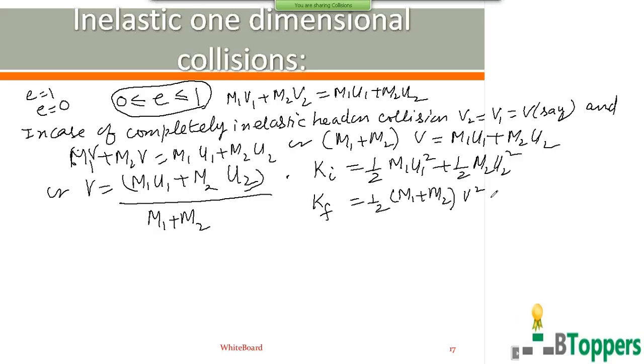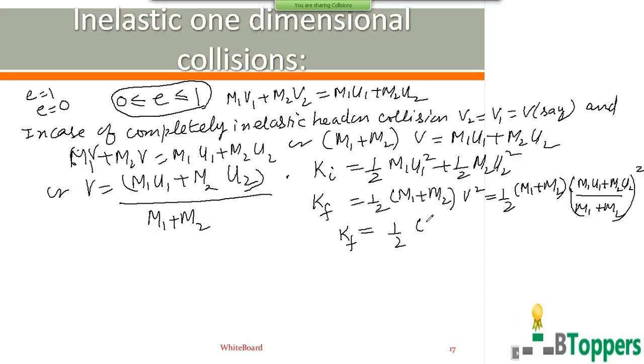We can write v equal to m1 u1 plus m2 u2 by m1 plus m2. So the final kinetic energy just after collision is half of m1 u1 plus m2 u2 whole square by m1 plus m2.